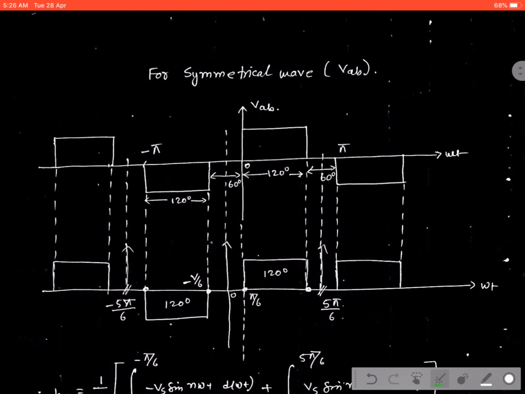In the first case, suppose we assumed this is 0. Once we change the axis from this side to this side, now we can think this point is 0. And the remaining parts are the same. This part and this part, all are in the same nature.